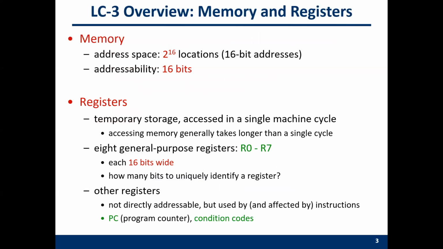So the first important thing is the memory. For the LC3, the memory space is 2 to the 16. Why? Because it's a 16-bit CPU. So the size of each address is 16 bits, which means that you can index 2 to the 16 locations.